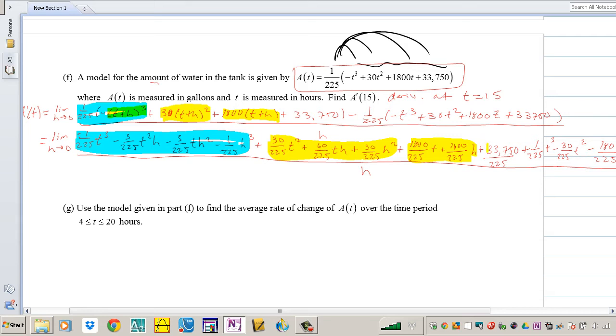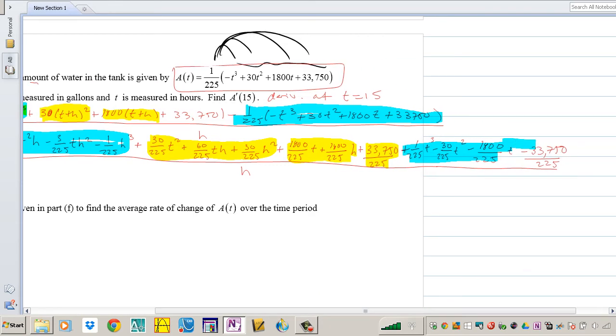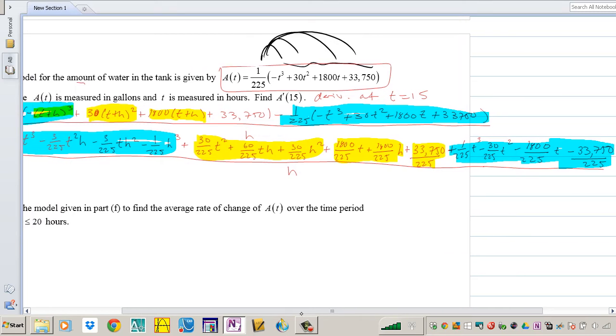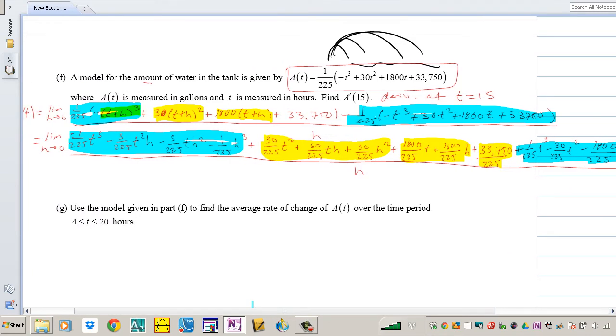And then last is the constant that we distribute. The blue is simply the original function. I just copied it over, except now I distribute the negative, which made the first term a positive and the second term a negative. It's very simple. All you have to do is multiply everything out, and you have your answer so far.